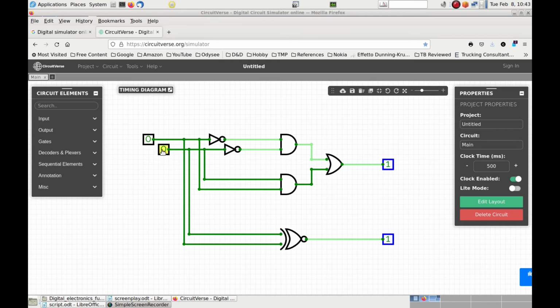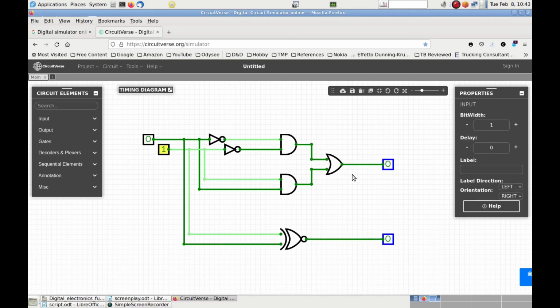Let's put now the second input at 1. Now both the output of the circuit and the output of the XNOR are giving us 0, and this verifies the second row of the truth table. Switching the two inputs, the outputs are still at 0, and that proves the third row of the table. And finally, a 1 on both the inputs generates a 1 on both outputs, which verifies the last row of the truth table.